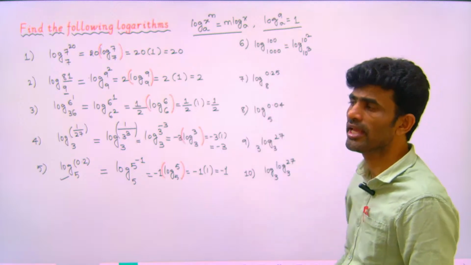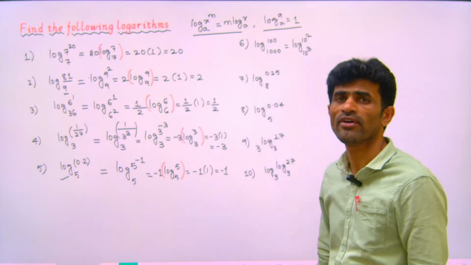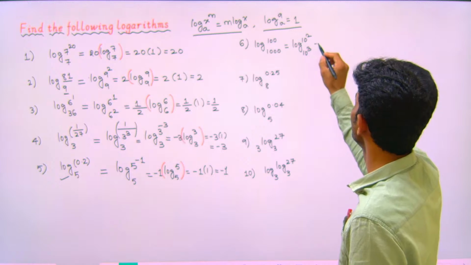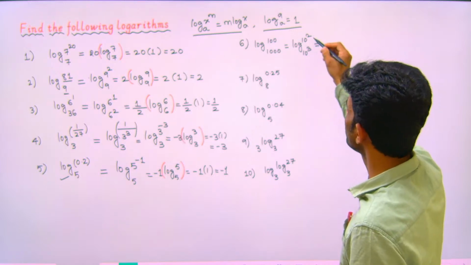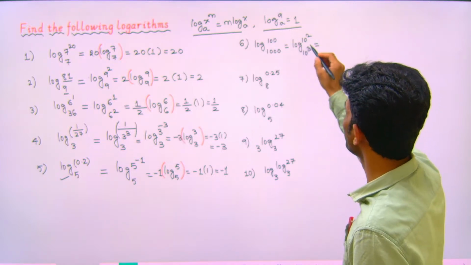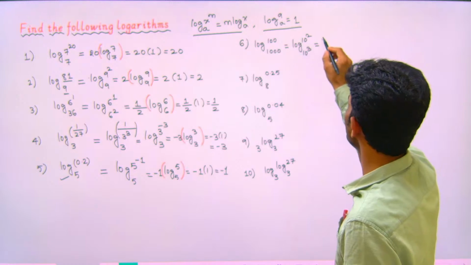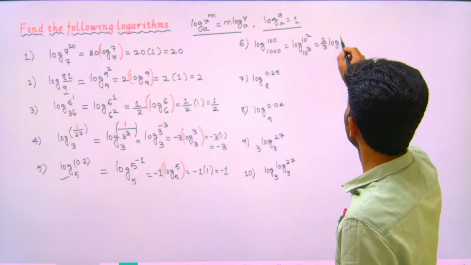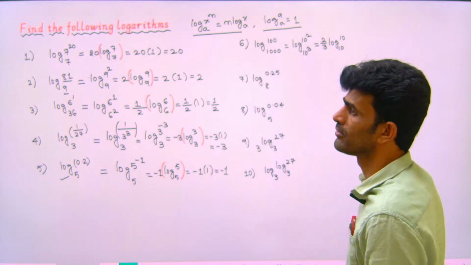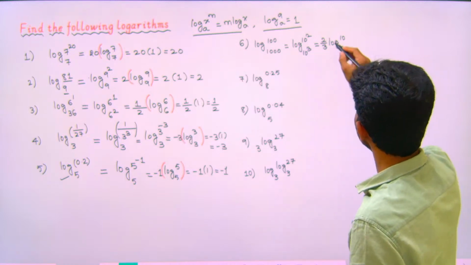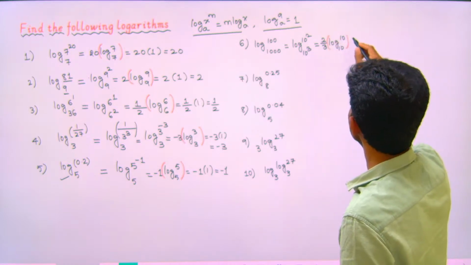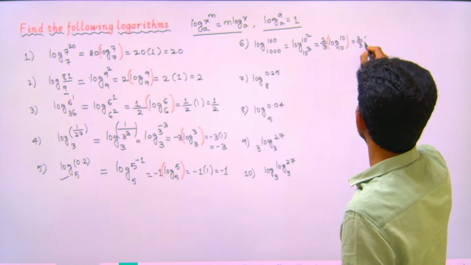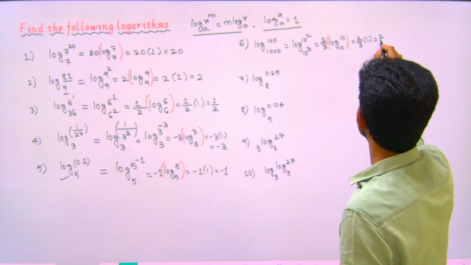Now again it is looking like log a to the power of m to the base x to the power of m. Both powers are the same. So 2 will come into the numerator, 3 into the denominator. So it will become 2 by 3 log 10 to the base 10. Now we all know log 10 to the base 10 is 1. So it is 2 by 3 into 1, whose result is 2 by 3.